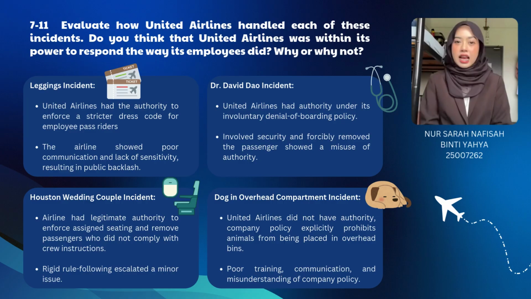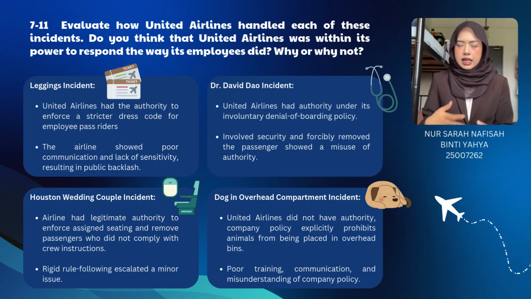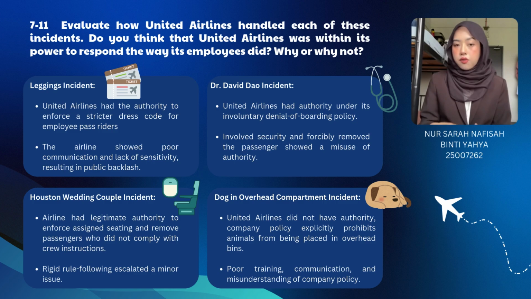Let's find out together. So for the first incident, the airline did have the authority to enforce a stricter dress code for employees who are on pass rides. This is because it was a win-win situation for both parties, where passengers who get to enjoy airline perks are expected to also represent the company professionally so that they can create a positive image.